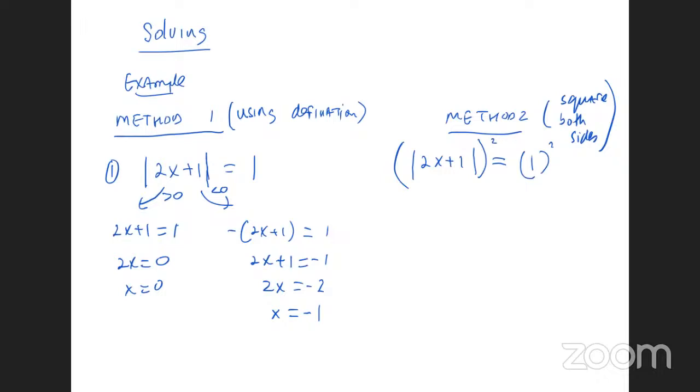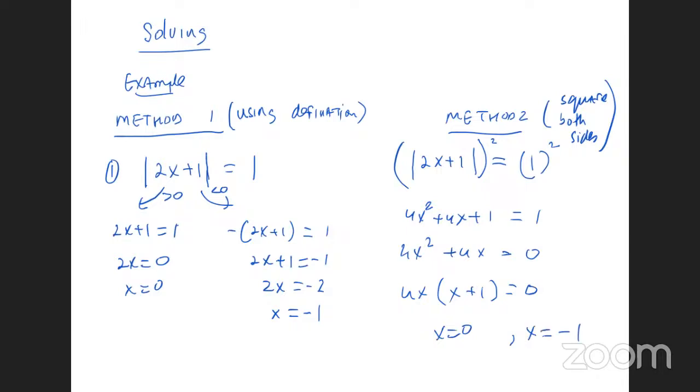Remember, the objective of modulus is to make everything positive. Square both sides and you will end up with 4x squared plus 4x plus 1 is 1. They'll cancel and we'll get 4x squared plus 4x is 0. Factor out 4x, you'll get x plus 1. So I will get x as 0, x as minus 1.